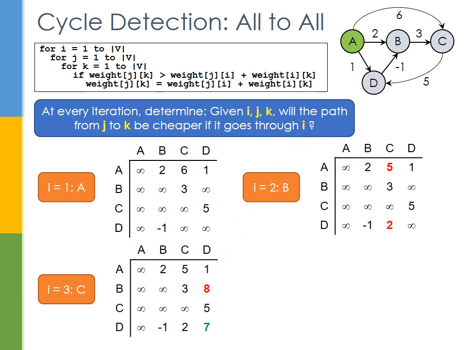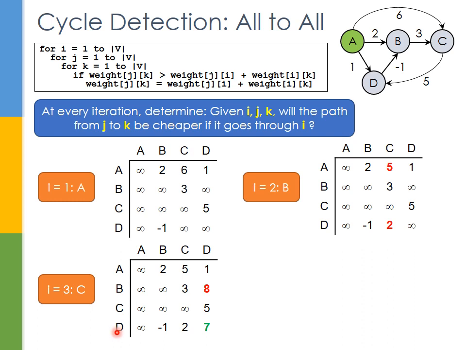Now, with our original formulation of the Floyd-Warshall algorithm, we didn't update any values on the diagonal. However, for our cycle detection implementation, we do update such values.